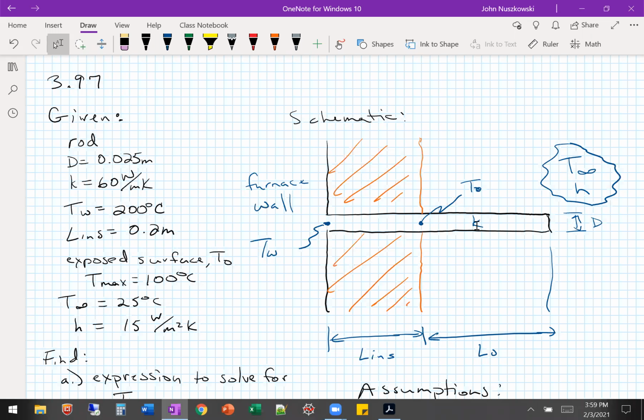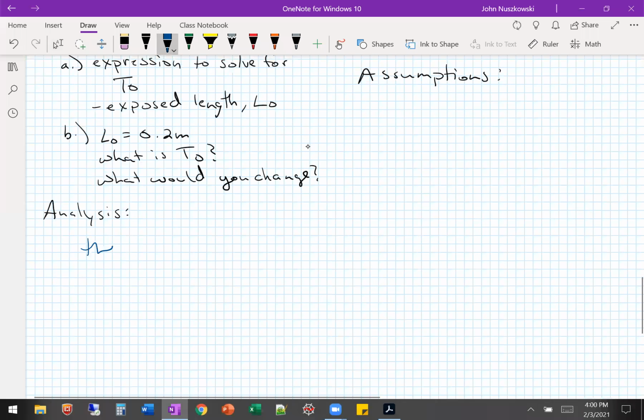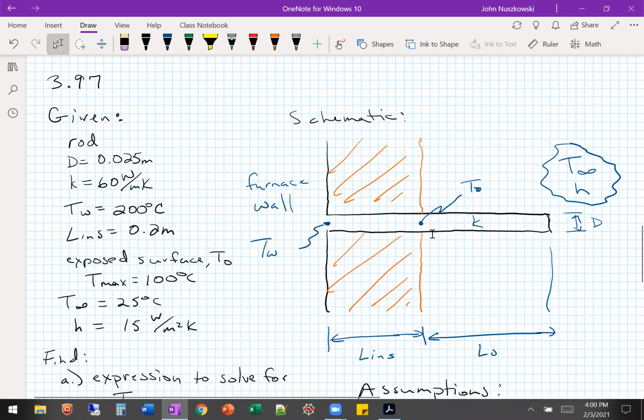So we'll talk about what's the best way to approach that. Okay, so let's draw a thermal circuit. With the thermal circuit, how many resistors do we have?